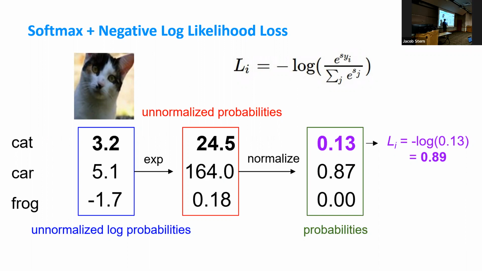So the question is about this subscript i on the L. So here you'll notice this i is the same as this i. So the i on the L is the same as the i on the yi here. And that's because this i indexes over the data set. So we'll have a loss for each image and label in our data set. Good.